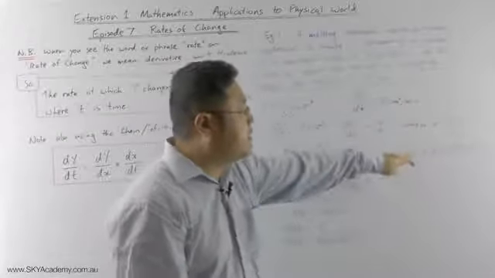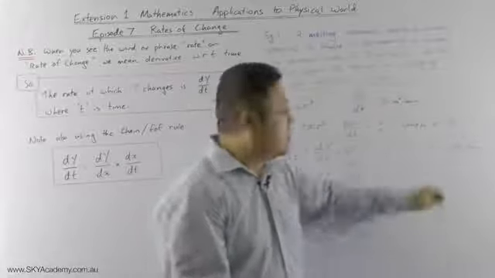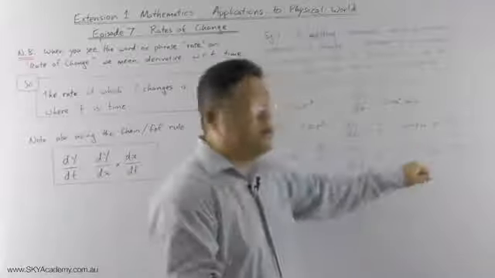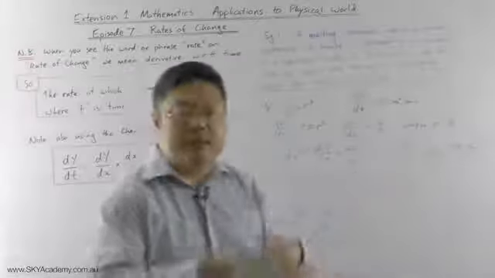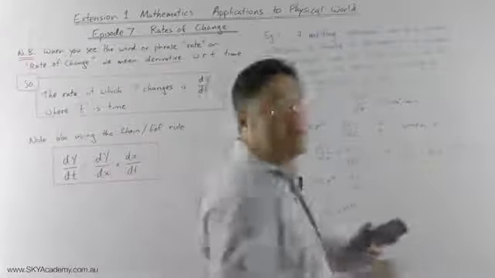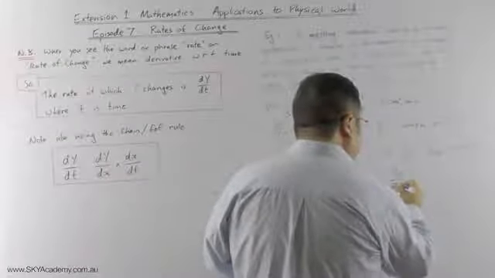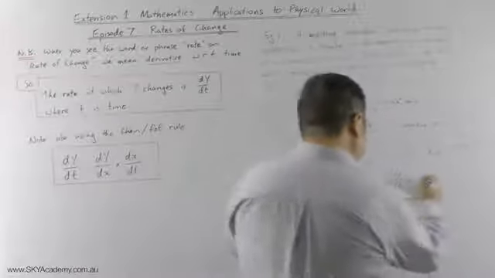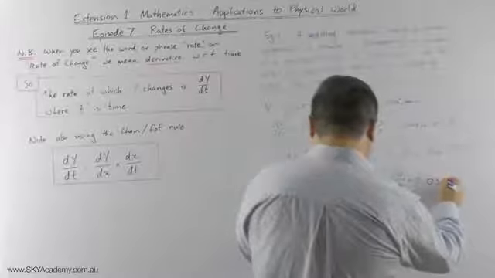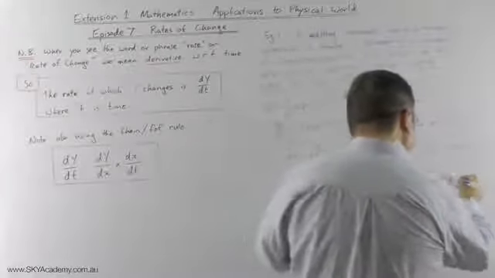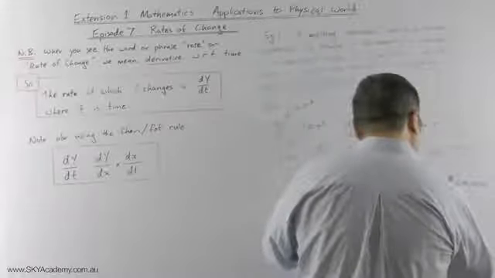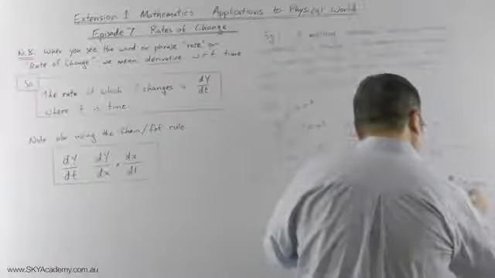So the rate of change of the radius would be centimeters per minute. Got it? All right, so that should be the answer. Let me just work that out on my calculator so that we can come up with some numerical value. I get that the rate of change of the radius with respect to time is 0.0398 centimeters per minute to 3 significant figures.